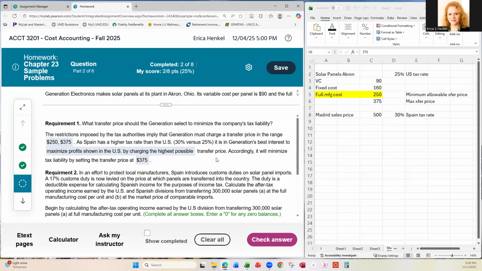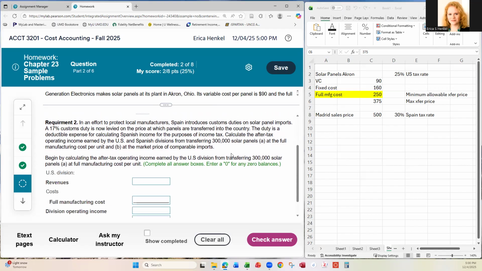Calculate the after-tax operating income earned by the US and Spanish divisions from transferring 300,000 solar panels at the full manufacturing cost per unit and at the market price of comparable imports. Okay, so begin by calculating the after-tax operating income earned by the US division from transferring 300,000 solar panels at full manufacturing cost per unit.